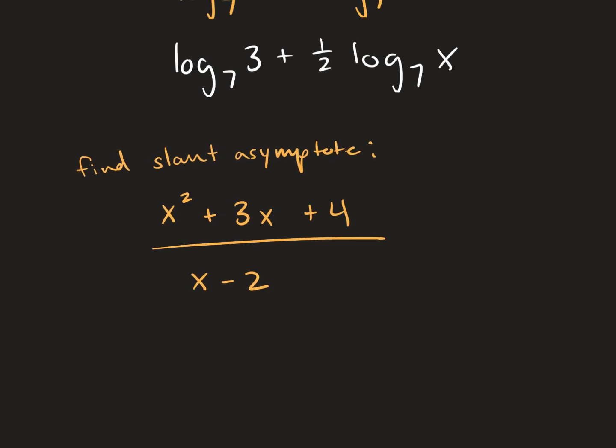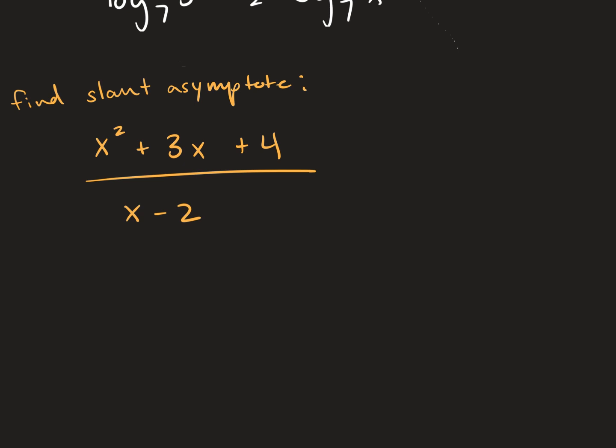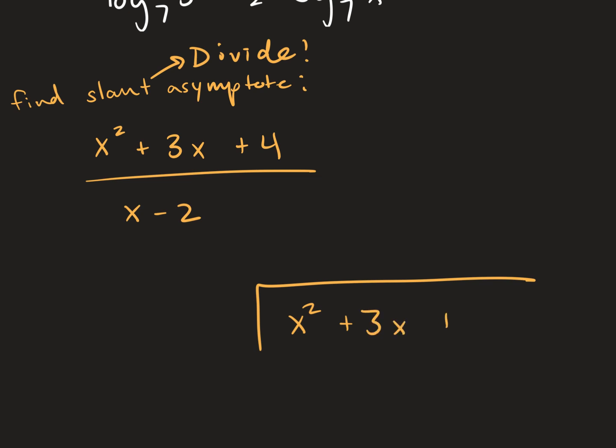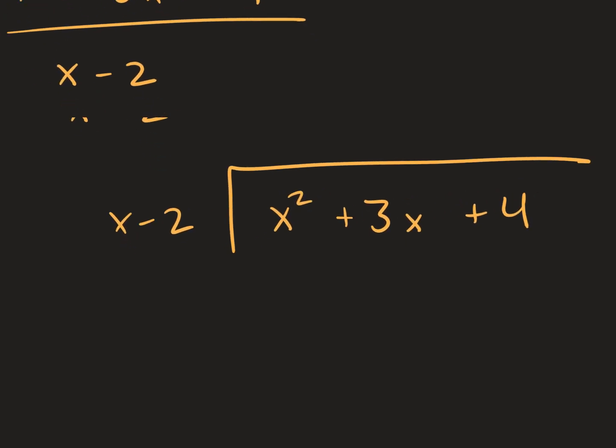How do I find the slant asymptote? Awesome. To find the slant asymptote, we divide. So you put the top inside the box, so x squared plus 3x plus 4, and then x minus 2 goes outside. All right, so let's do long division.